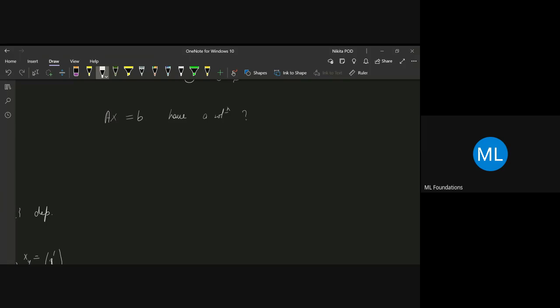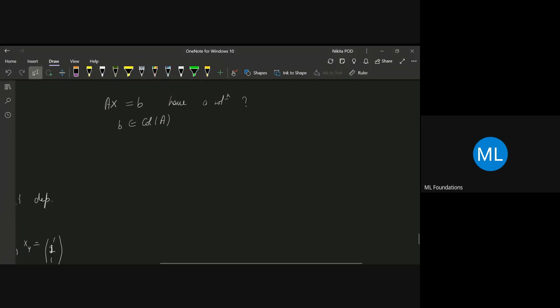To check the system has a solution, you check that B belongs to the column space of A, right? And to check this, you perform the row reduced echelon form.